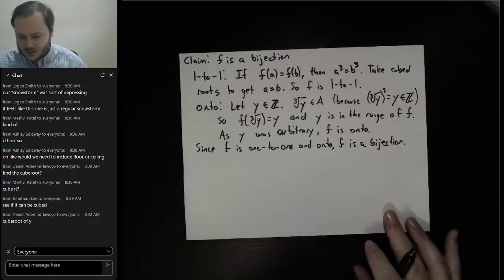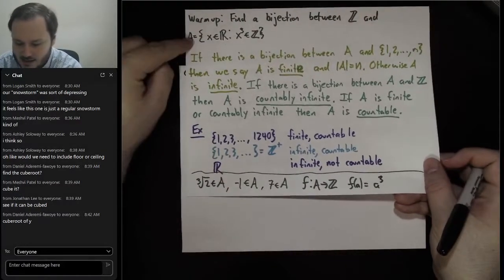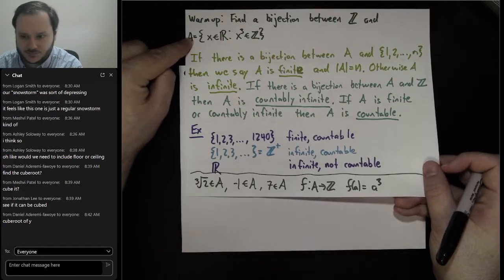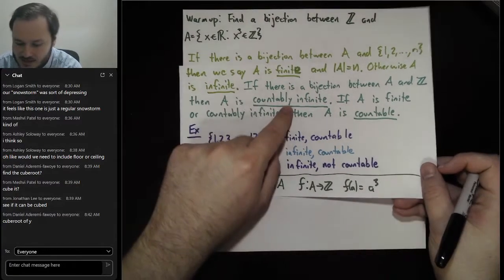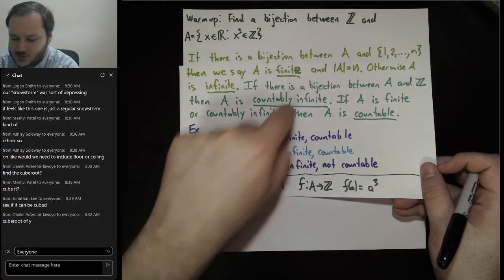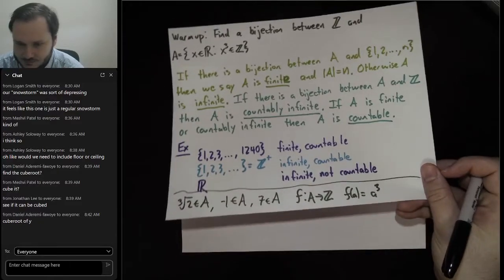Okay. So our conclusion is then that this set A is countable. It's countably infinite, even. There's a bijection between it and the integers.